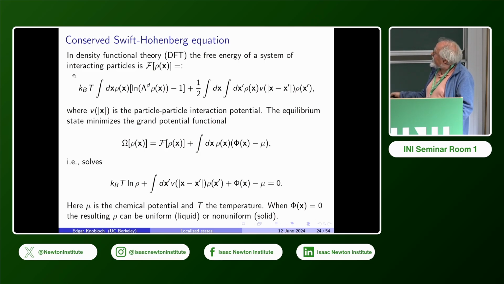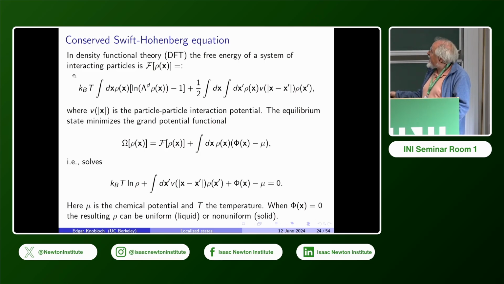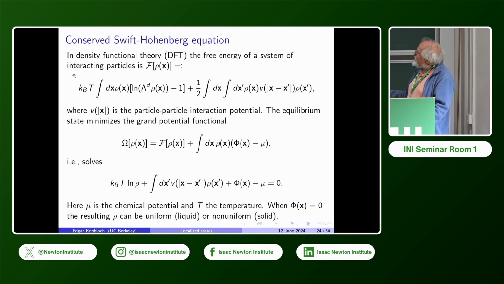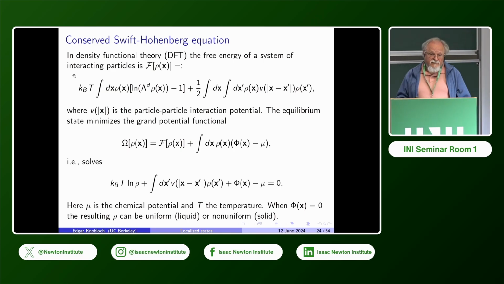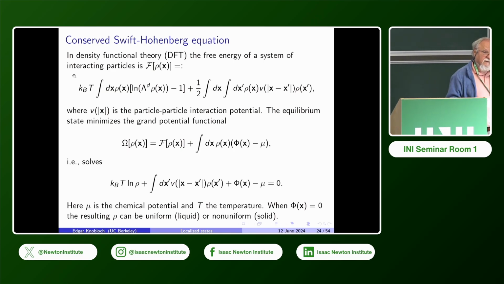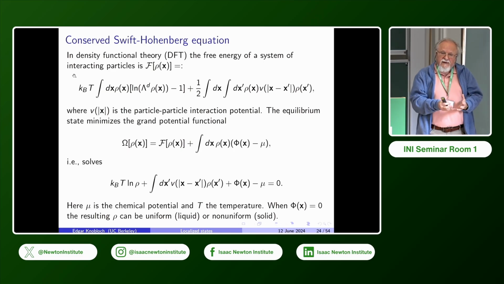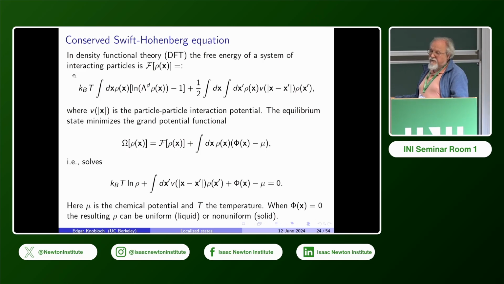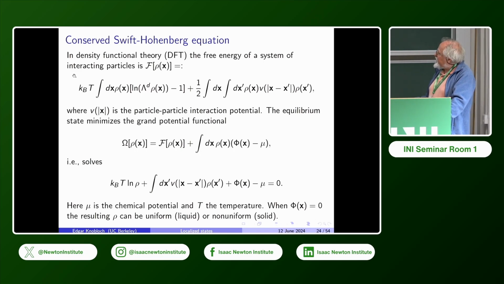And there is a contribution from two-body interactions mediated via this potential V. And of course, what you want to do is find minima of this free energy subject to some constraints. That could be from a confining potential called phi here, and of course mass conservation through this Lagrange multiplier mu.